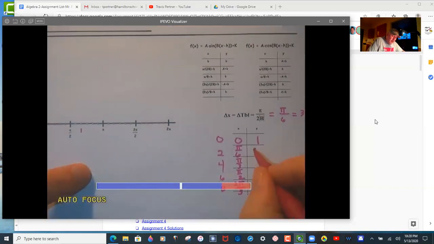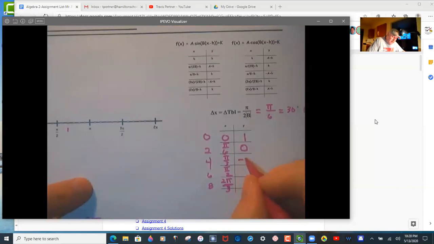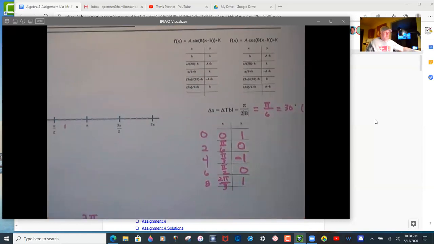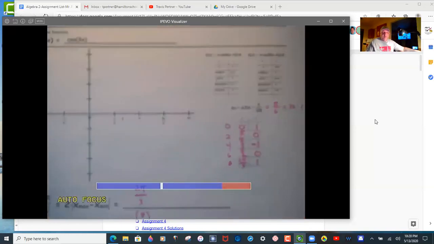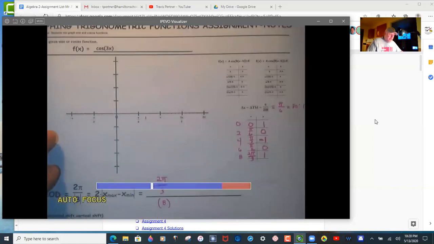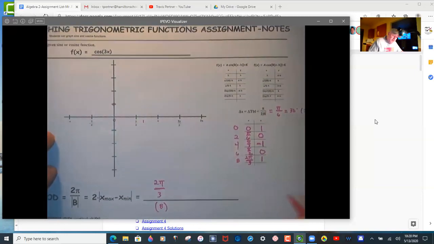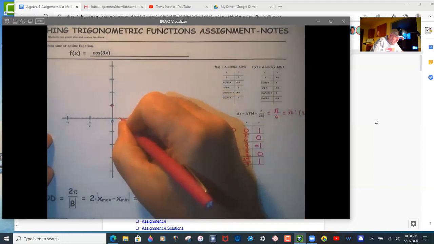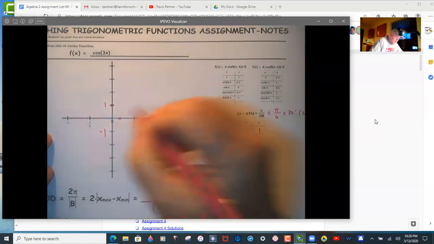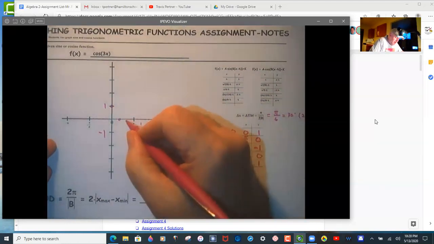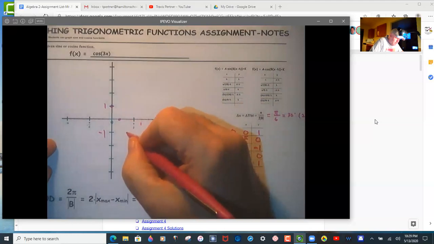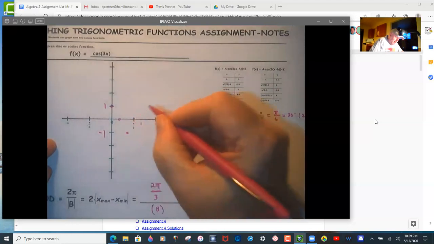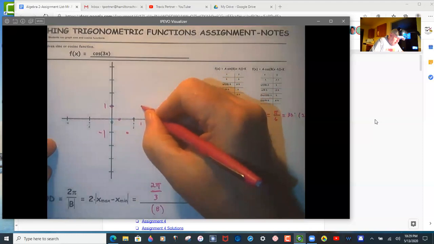And then down to 0, down to -1, back up to 0, and then back to 1. It's really pretty simple once you get it. So 0, 1, and then just 2 click marks down to 0, and then 4 click marks down to -1. And then back to pi over 2, and then out at 8, we're up at 1.